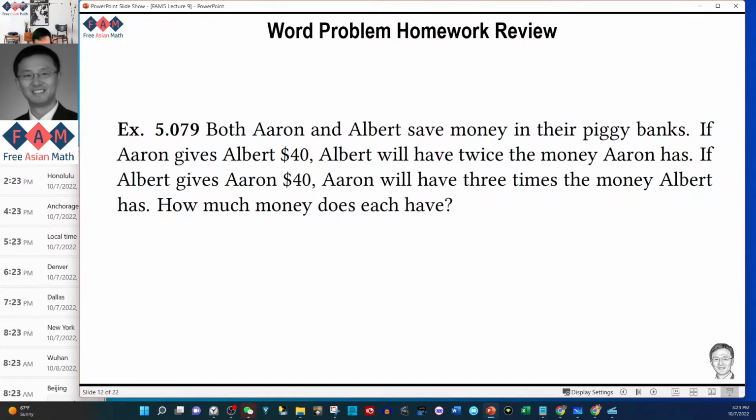If they swap roles, if Albert gives Aaron $40, because in general Aaron will have more money than Albert, this time Aaron will have 3 times the money Albert has. You can see that clearly Aaron should have more money, right? Either I give you or you give me $40. Aaron will become 3 times Albert, but Albert will only become twice the money Aaron has. How do we do this problem?